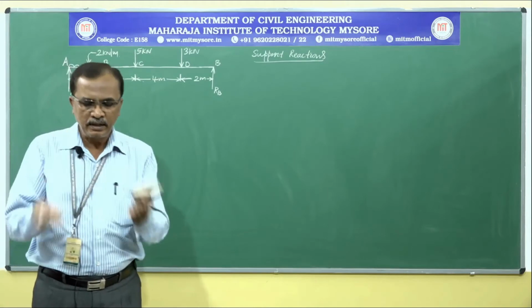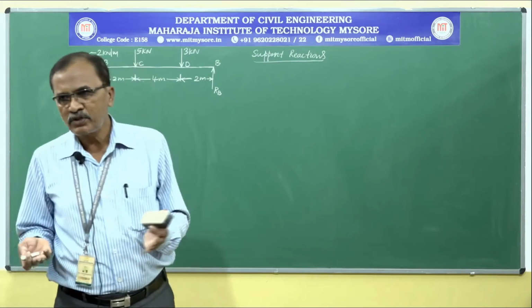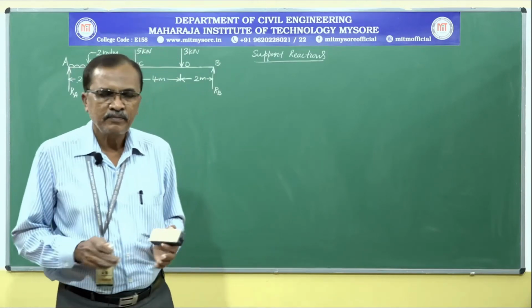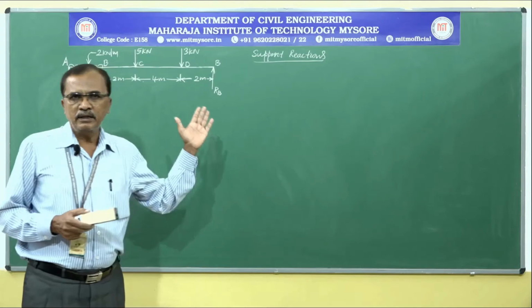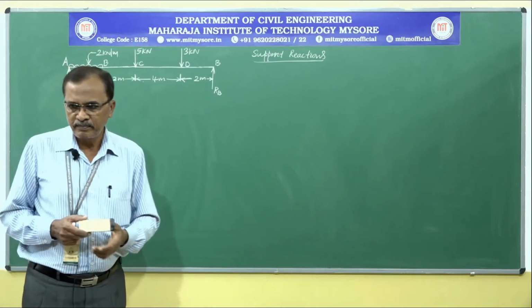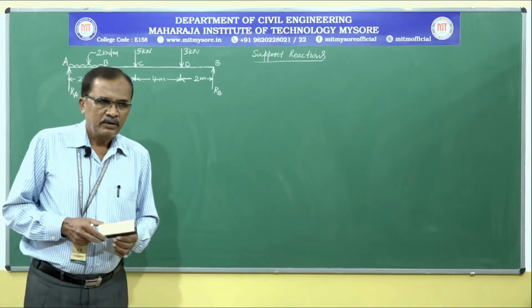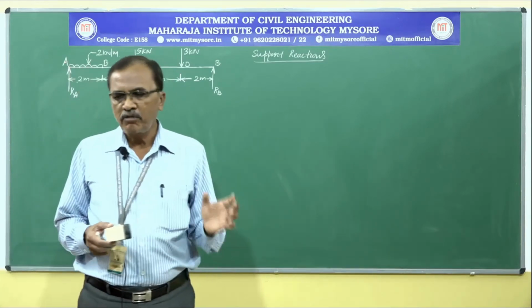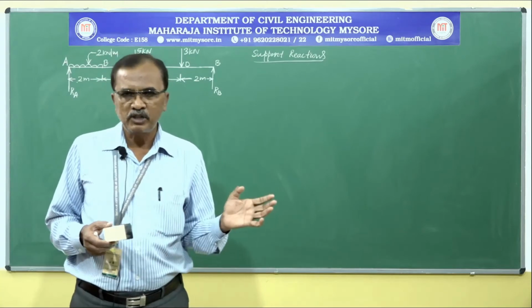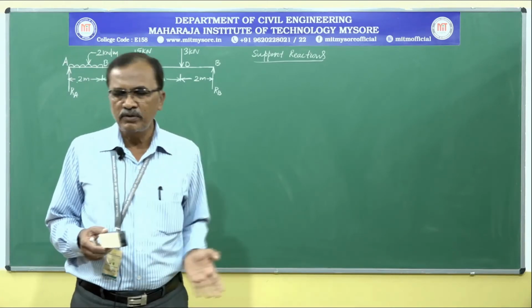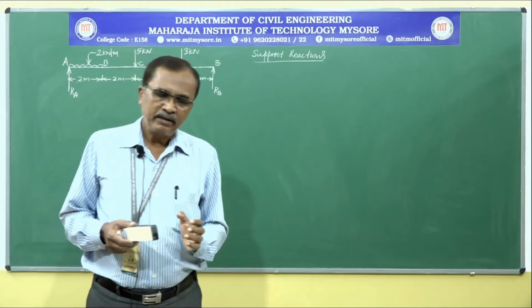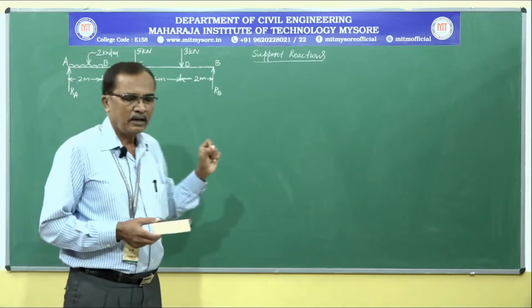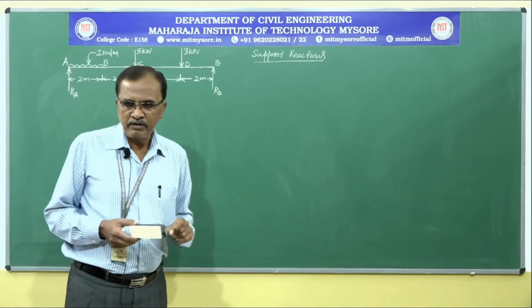Hence, we do not consider horizontal forces or force components, if at all acting on the beam, and hence we do not consider the horizontal equilibrium condition. So, the remaining two equilibrium conditions, namely the algebraic sum of vertical forces is equal to 0 and the algebraic sum of moments of all the forces about any point is equal to 0. Again, for the sake of convenience, let us apply the moment equilibrium condition first.